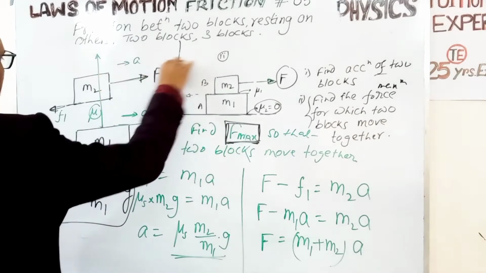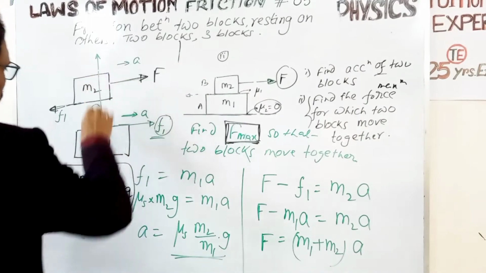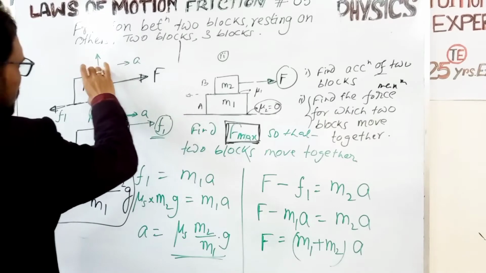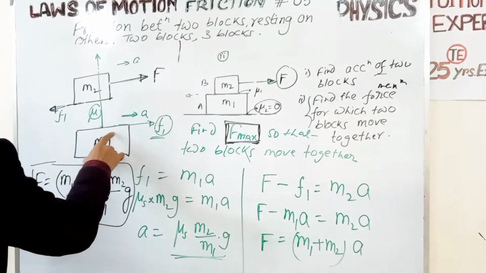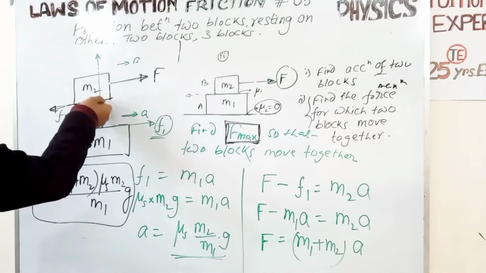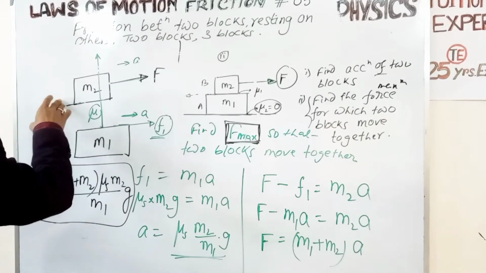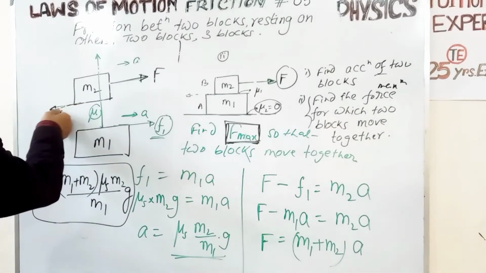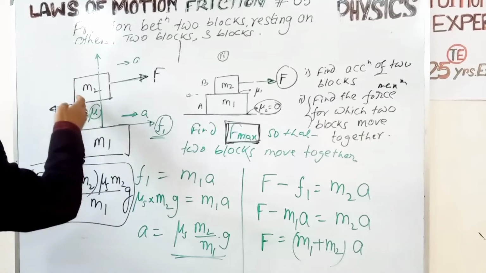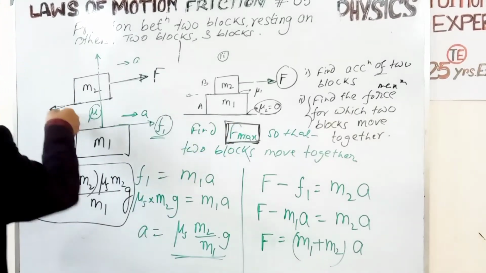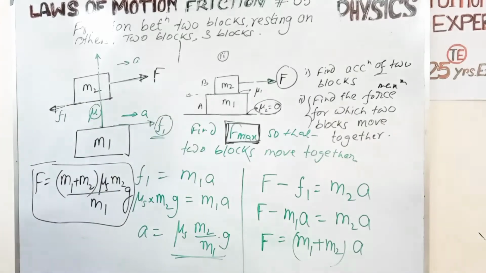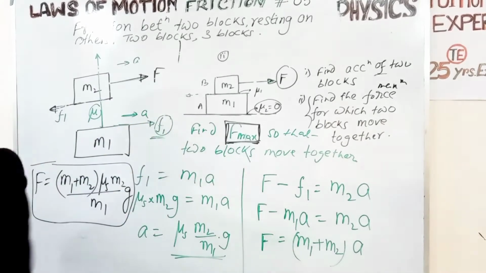When force is applied, this block tries to move with respect to the block m1, so the friction force acts in the opposite direction. This is the opposing force, and on the body it is reversed, so now this is the driving force.